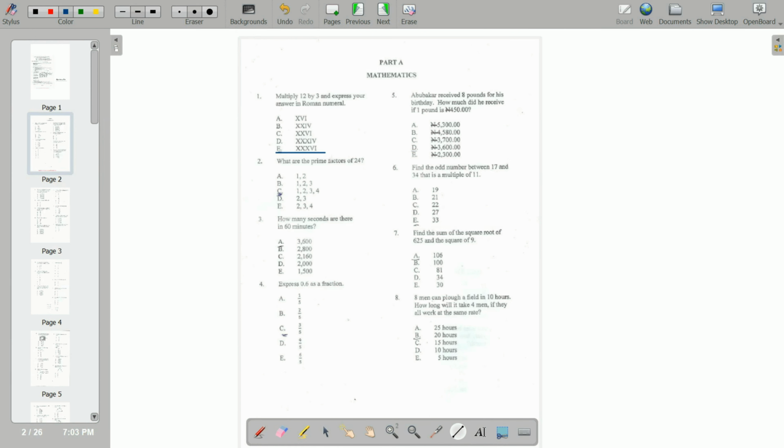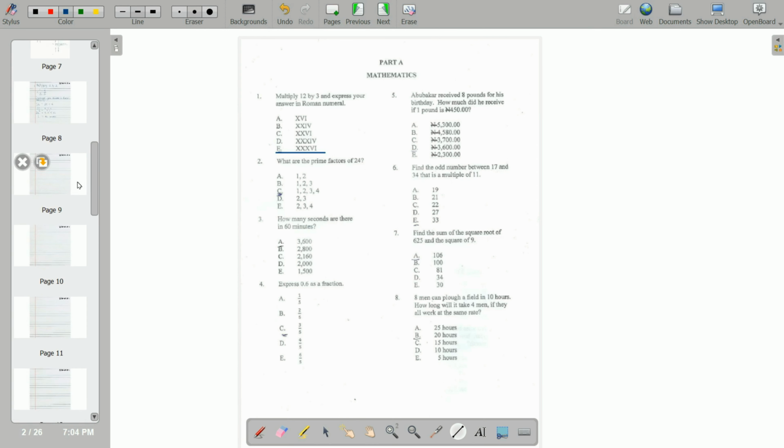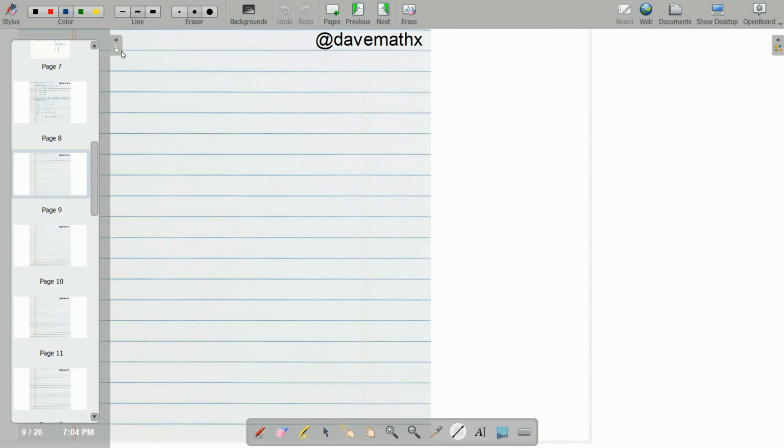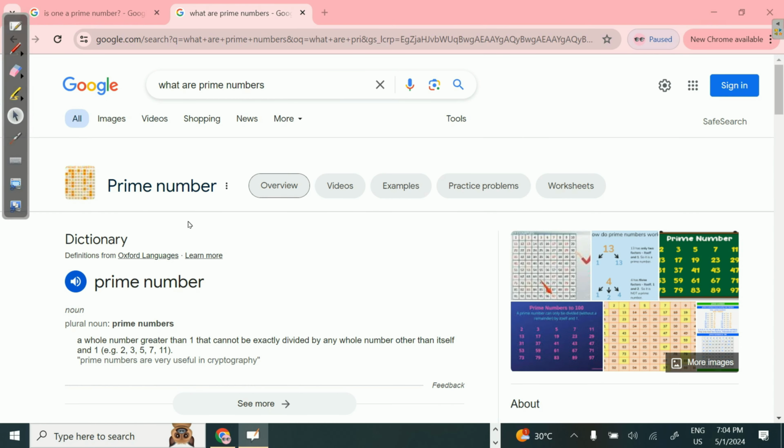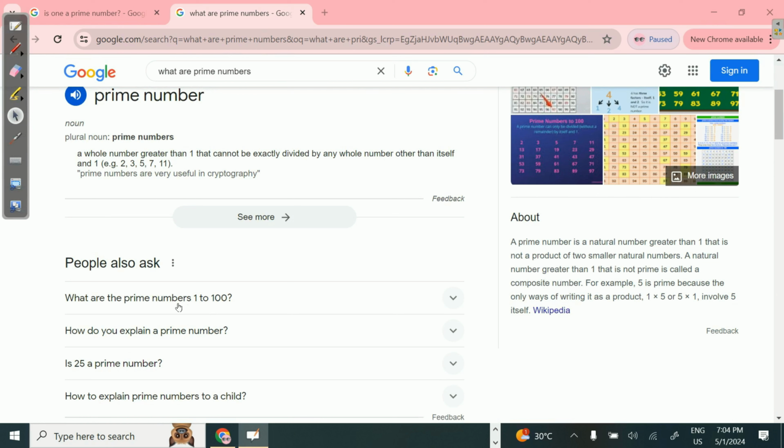Now we move to question 2, which is looking for the prime factors of 24. To begin with, what exactly are prime numbers? Prime numbers are natural numbers greater than 1 that cannot be exactly divided by any whole number other than itself and 1.